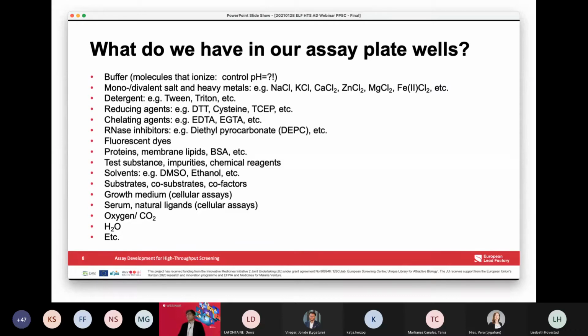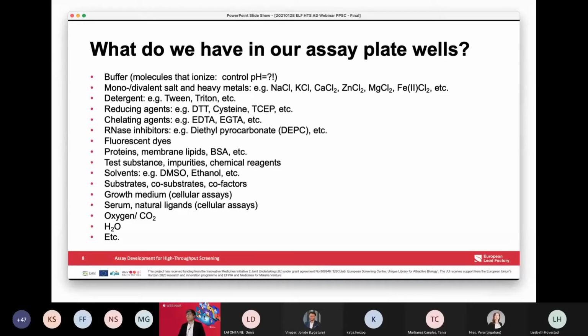Chelating compounds, for example, for stopping an enzymatic reaction, perhaps you need RNase inhibitors if there is some RNA substrate in your assay, different types of dyes for measurements, but also some of the test compounds themselves could be autofluorescent. The target itself, perhaps conjugated or in combination with lipids if there is a need for the protein to be membrane bound.